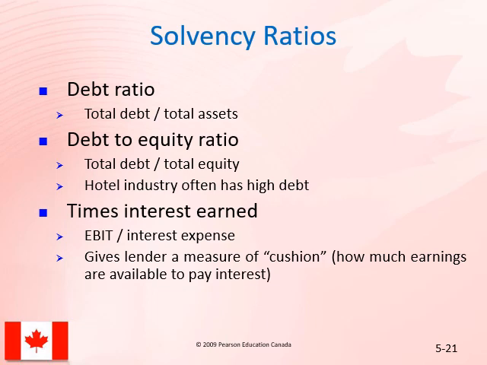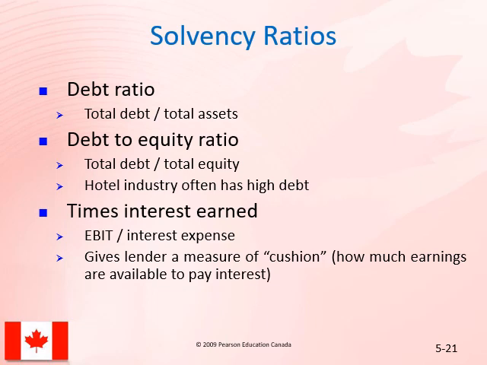For example, hotels run on a high level of debt. As such, this ratio would be a little bit higher, but at the same time, they've used that debt to purchase the assets. So this will be high, but restaurant debt ratios will be much lower.